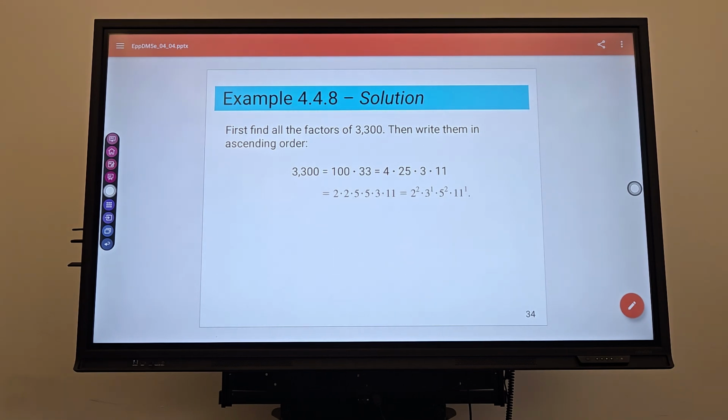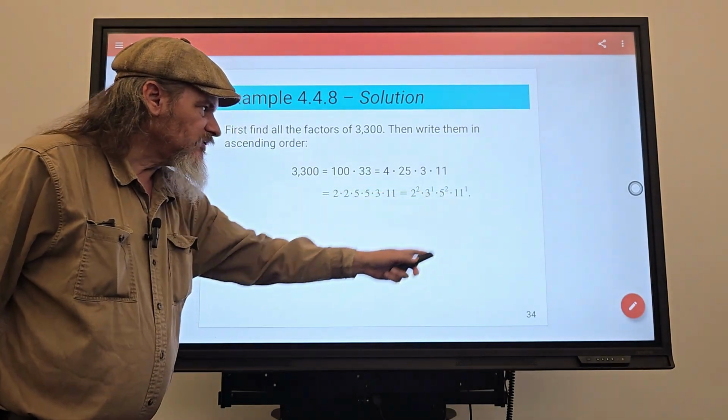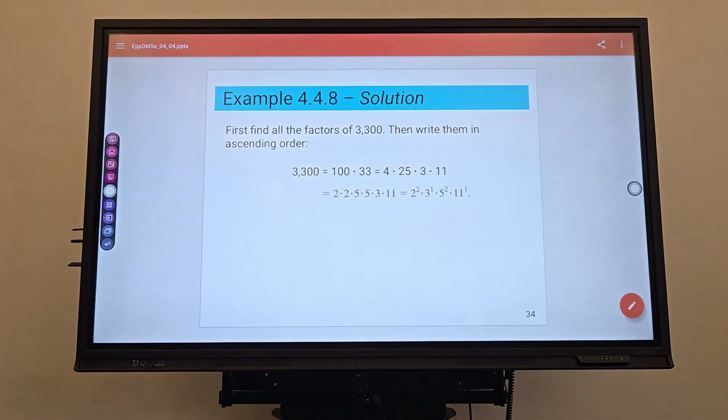And so we have, they put the 1s on the 3 and the 11, but it's 2 squared times 3 times 5 squared times 11.